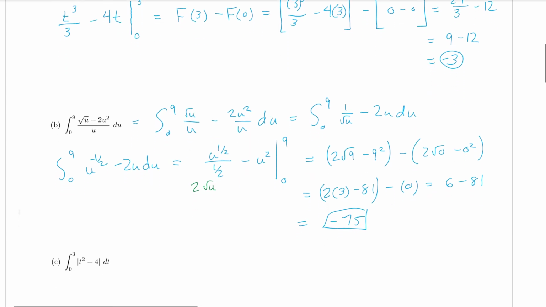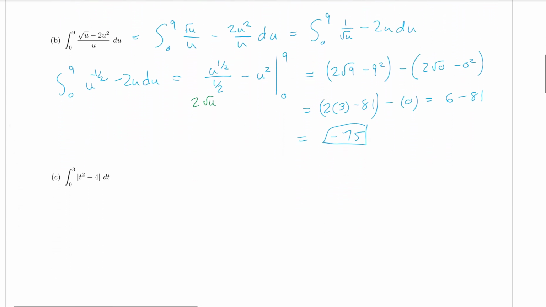Let's keep this train rolling, and let's do the exact same thing here for part C. The trick to part C is that we're dealing with an absolute value function. So I'm going to go ahead and graph here the t squared minus 4. And then I need to note that when we do the absolute value of t squared minus 4, we're going to flip this negative part.